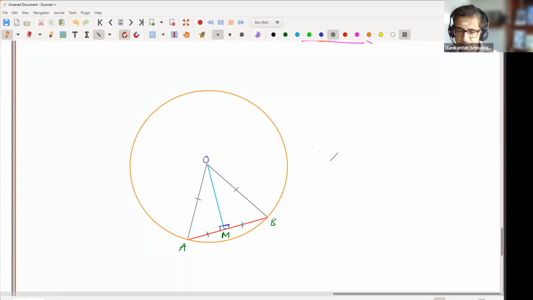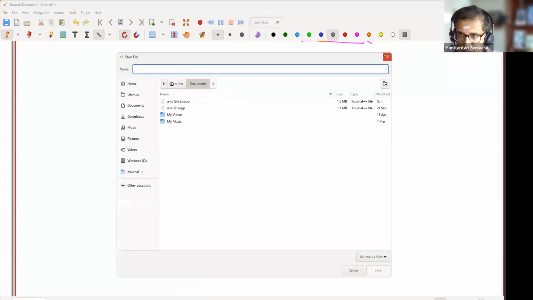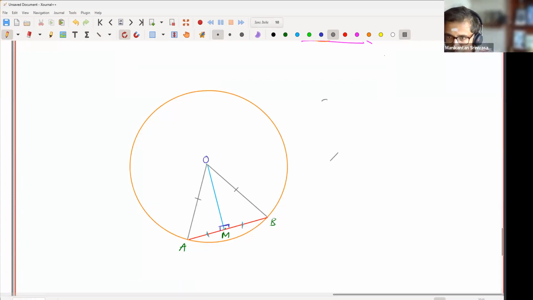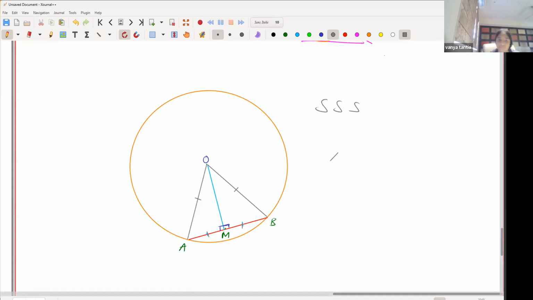So by the SSS property, the three sides in AOM are correspondingly equal to the three sides in BOM, and the two triangles are congruent. Therefore this angle must equal this angle, but together they add up to 180, and so each has to be 90.